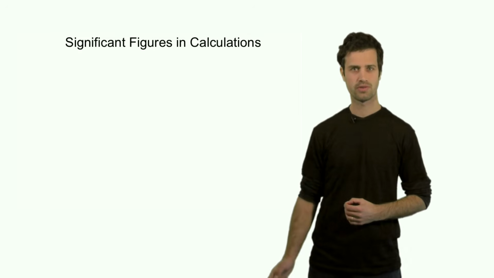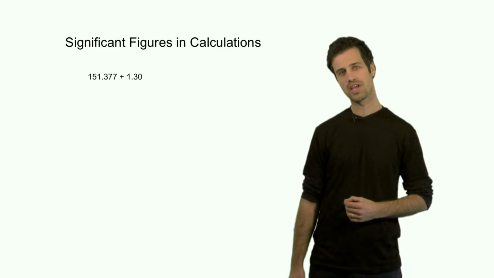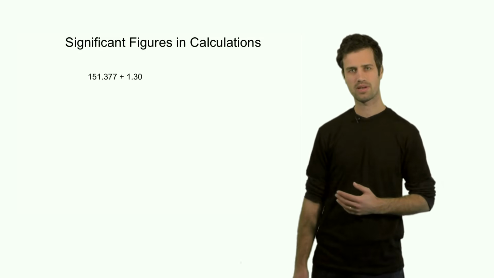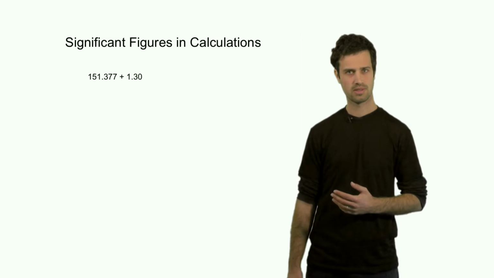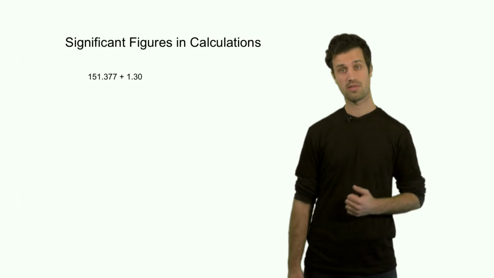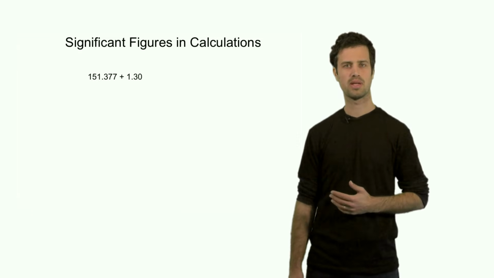So let's apply this technique of significant figures to a couple of calculations. For instance, let's start with an addition. I'm going to add two numbers here. The first number here has 6 significant figures and 3 decimal places. The second figure has 3 significant figures and 2 decimal places.